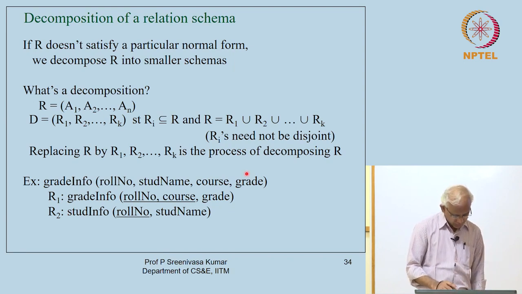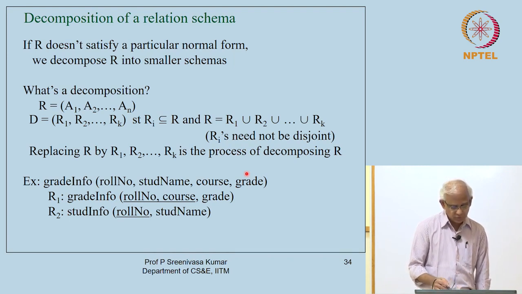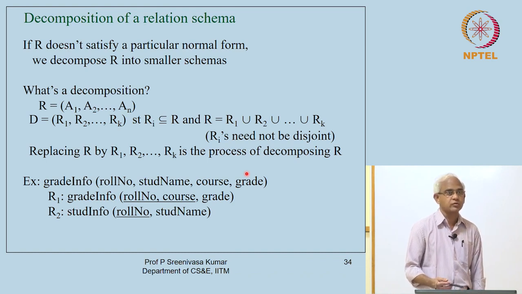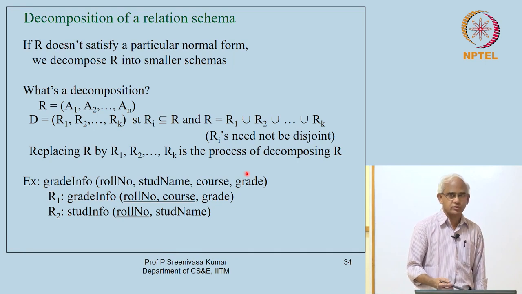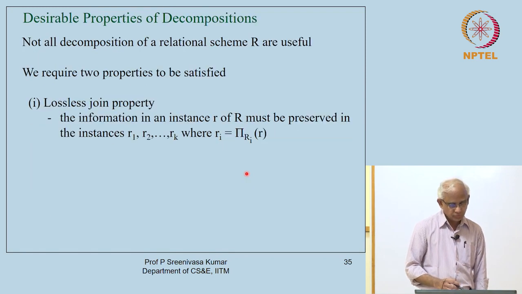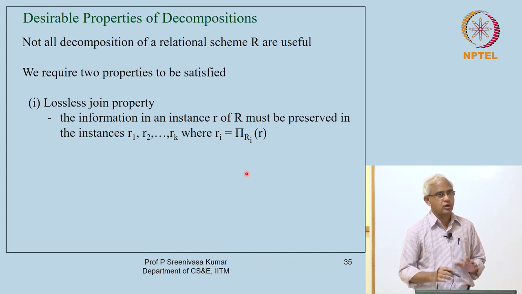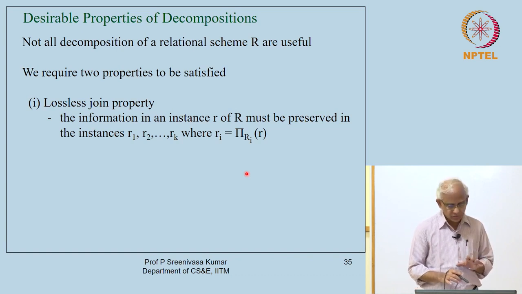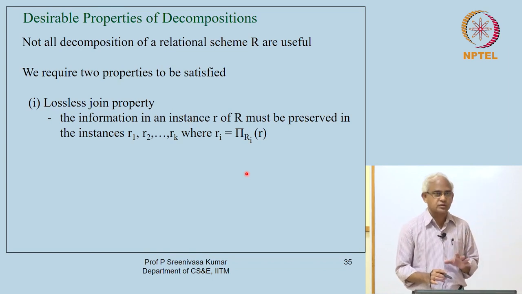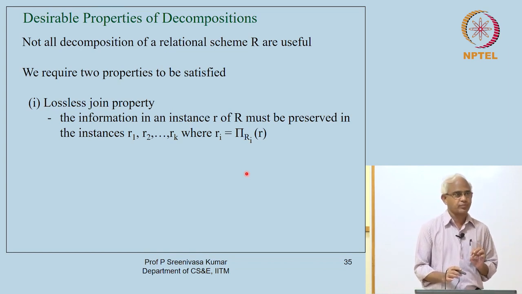Now let us look at, can we do this arbitrarily? Are there any problems in this? Is there some systematic way in which this has to be done? These are the various questions that come up in the context of these decompositions. It turns out that not all decompositions of a relation scheme are going to be useful. We require that these decompositions satisfy certain important properties.